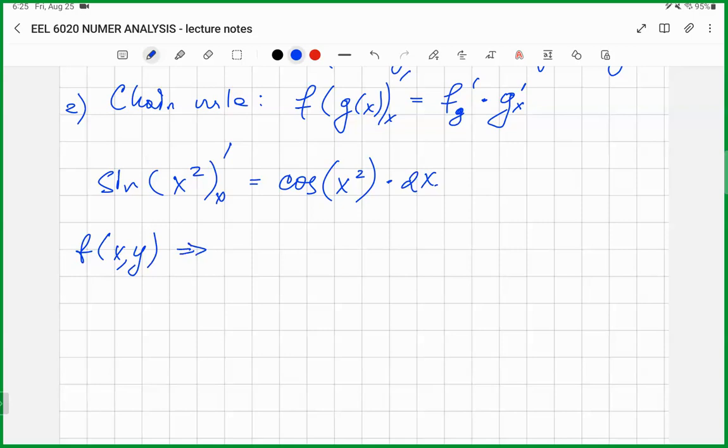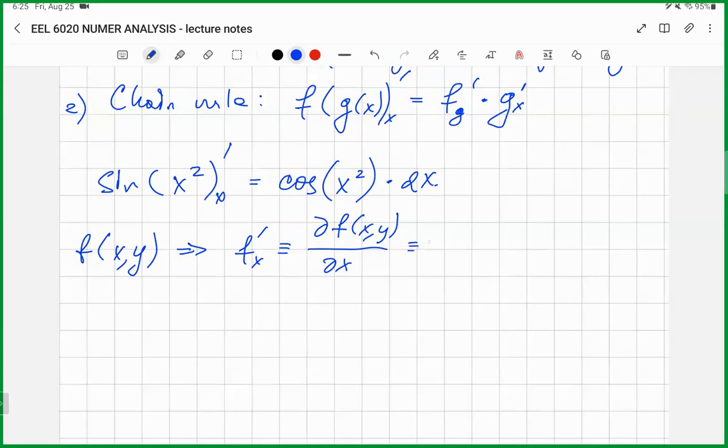That means that we can take the derivative by x of this function, and we denote it by this curly ∂f(x,y)/∂x. This is the partial derivative of a function of several arguments by one of them.